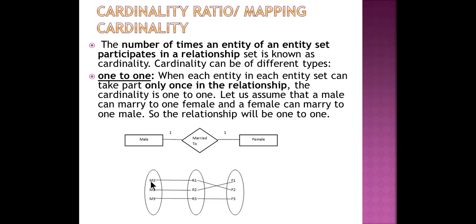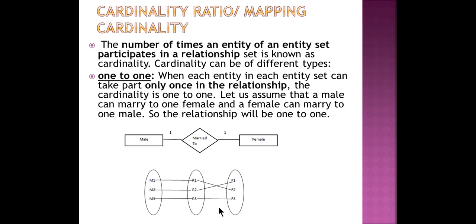Now M1 is participating only once, M2 only once, M3 only once. Similarly, F1, F2, F3 of the second entity set are also participating only once in the relationship set. From both sides, the participation is only once. That's why this cardinality is called one to one.